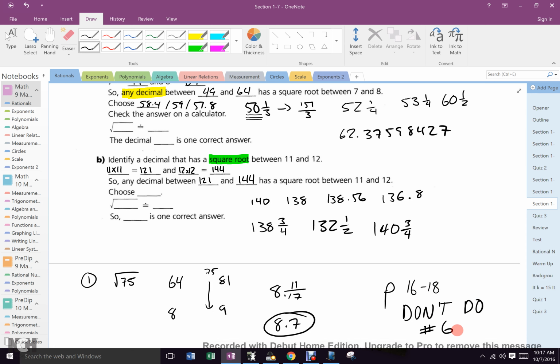Okay? Don't do number 6. You do all of page 16, all of page 17, and just the top 2, C and D, on page 18. Okay? No, because we're gonna work with it, just not right now, okay?